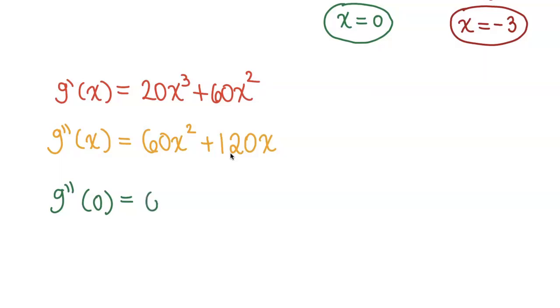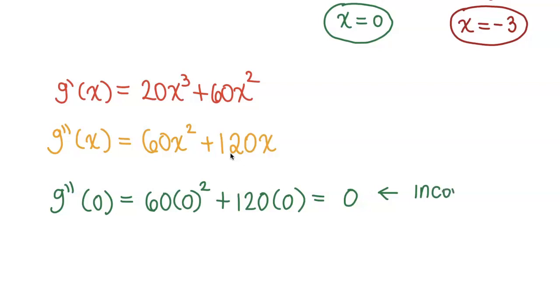If I plug in 0, I get 60 times 0 squared plus 120 times 0. Uh-oh, we got a problem. This is 0. Inconclusive.